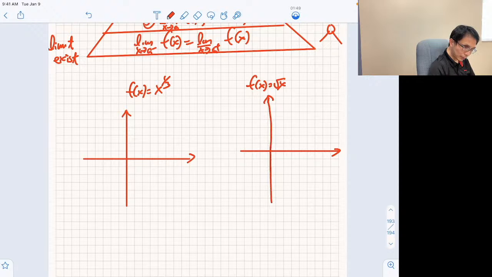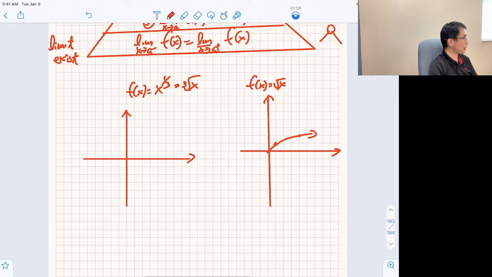Do you remember the eyebrow? This one is cube root of x. It looks like an eyebrow, but on both sides, with the other side inverted. So it's going to be something like this.